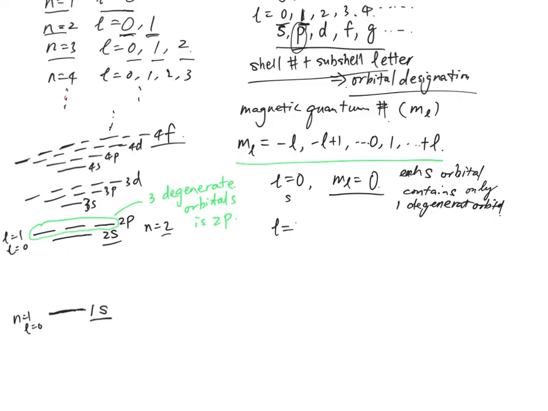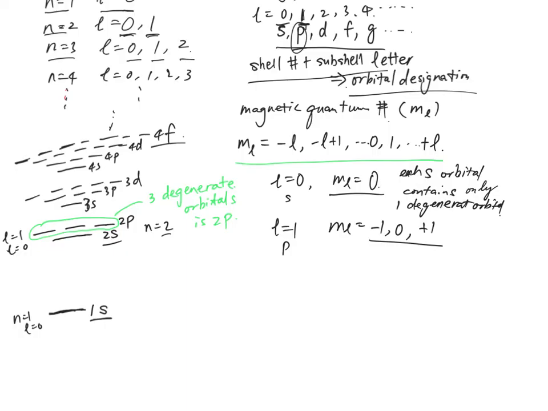What about L equal to 1 for your p orbital? What does m sub l equal? Based on the definition, negative L is negative 1, so starting from negative 1 and going up, negative 1 plus 1 is 0, and then you would go to positive 1. See that?